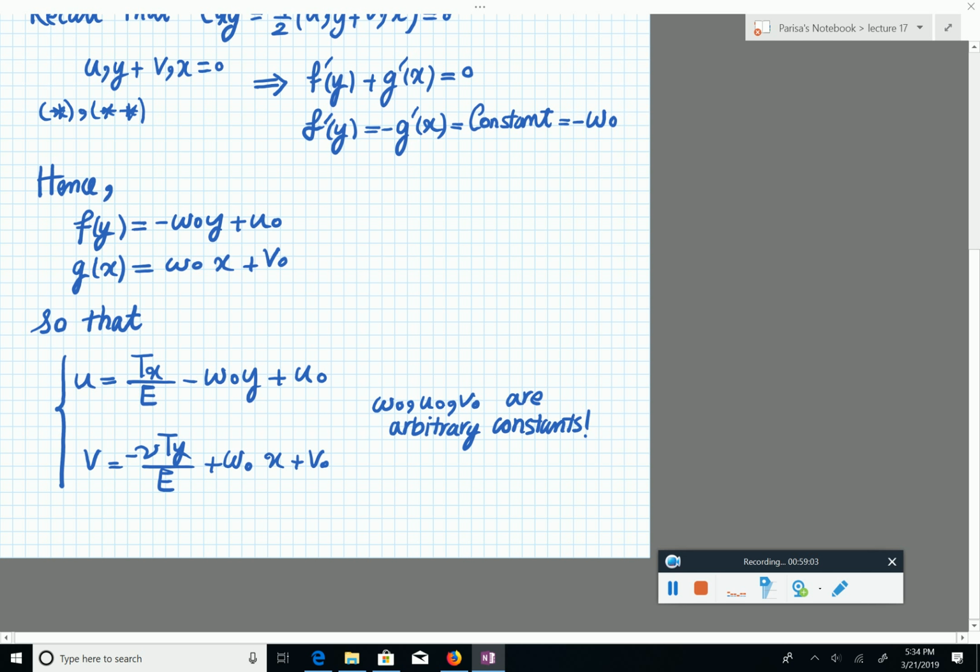So let's just look at the Tx over E part, and this part is kind of clear. What is not clear is this part. What is going on here? So, giving you a hint. Remember long time ago when we looked at the gradient of displacement and we separated a part which was symmetric and then a part which was anti-symmetric.